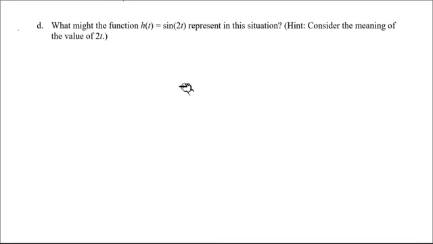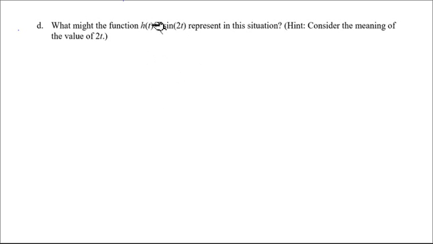So part D asks if h of t was sine 2t, and we wanted to know what that represented. 2t means that instead of traveling 1 radian per unit time, we're going to travel twice as fast.